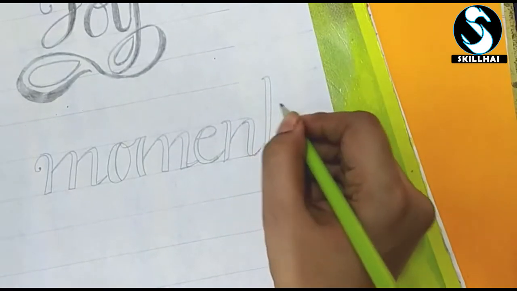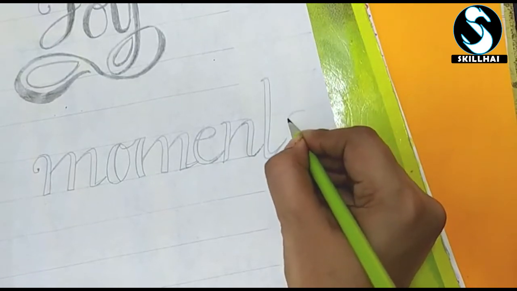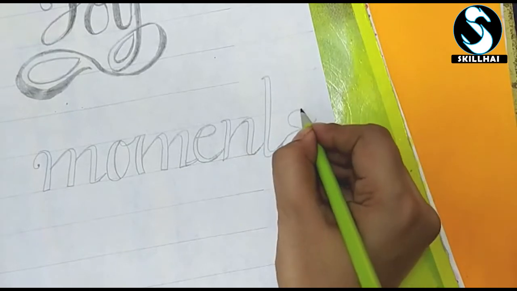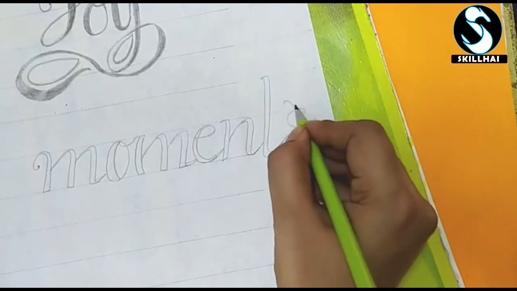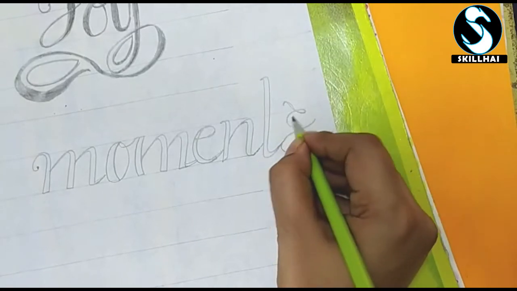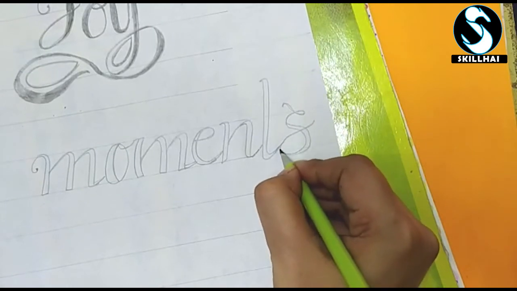So you are ready with the word moment. Some flourishing we'll do. We'll complete S also. For all the letters, if you need them, they are in my last videos which I have given you.